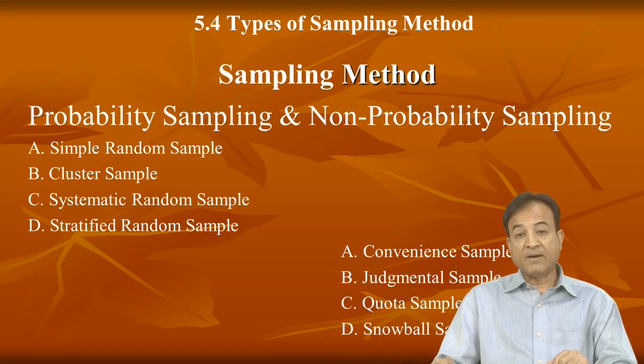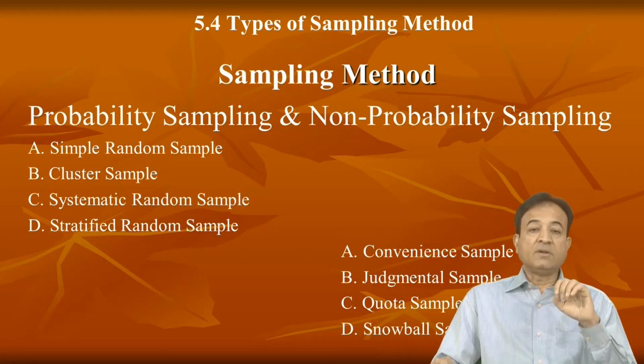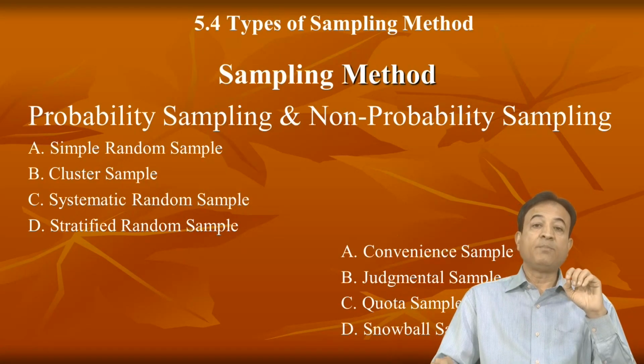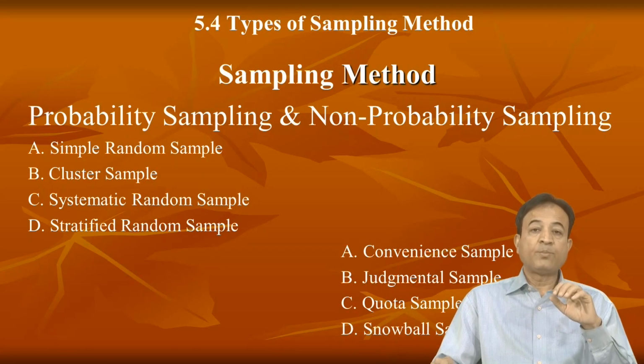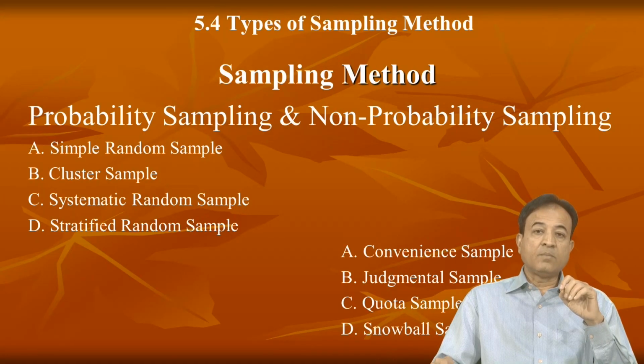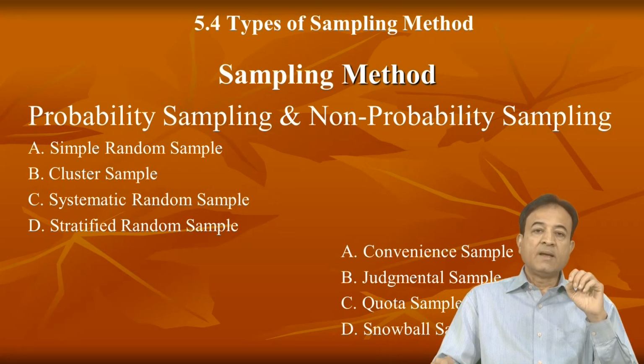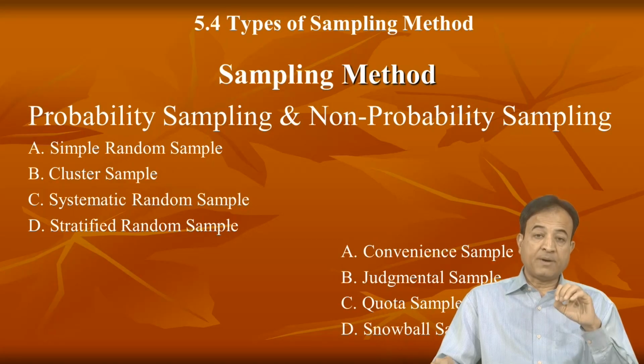Now stratified random sampling. What is stratified random sampling? It is a sampling method in which the researcher divides the population into smaller groups that represent the entire population. While sampling, these groups can be organized and then a sample drawn from each group separately.